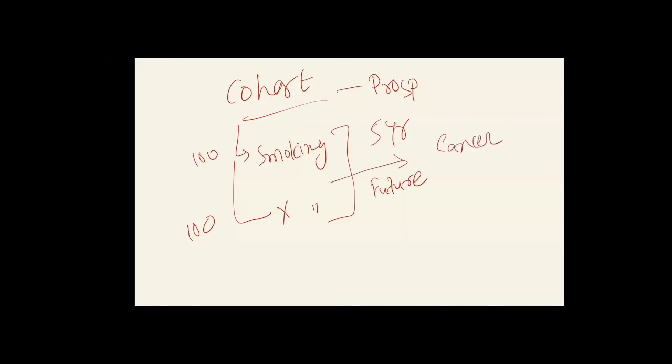Whatever you get, you get as the parameter of relative risk. Let's say you got 5; we will tell you how to get it. Compared to non-smokers, smokers have 5 times higher risk of developing cancer, right? This is what you are going to get.